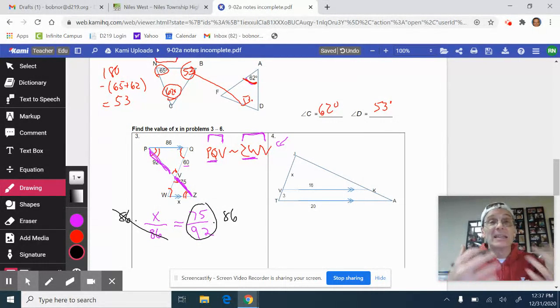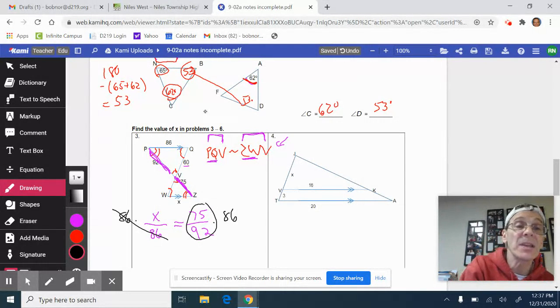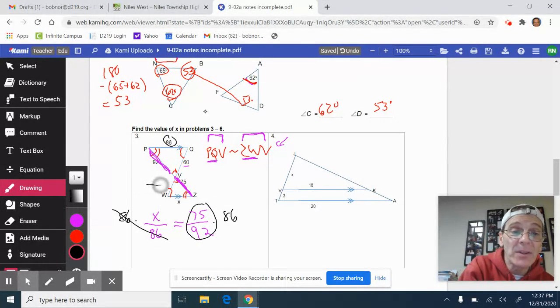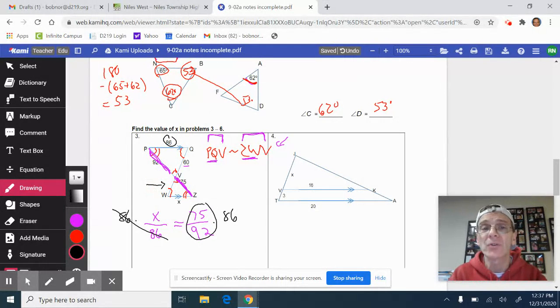It's just an instinct. They'll get something like 1.17, and then they'll go, okay, so it's 1.17 times bigger. Then they'll multiply the 86 by 1.17 and get some answer that is bigger than 86. But this triangle down here is the smaller of the two triangles. The answer should be less than 86.